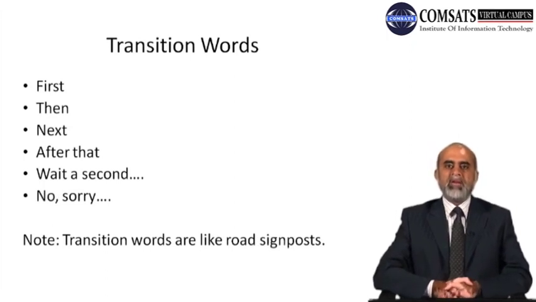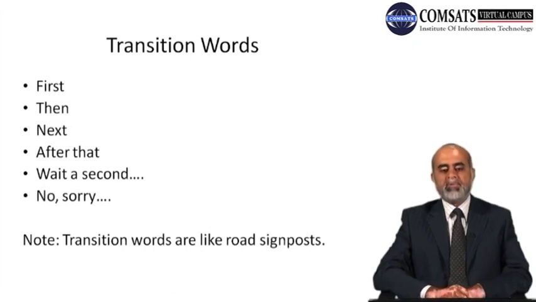So for example, you can say first, go ahead, go straight, then take first turning on your left, next walk a little, after that you will find the hospital just around the corner opposite to the school, right?